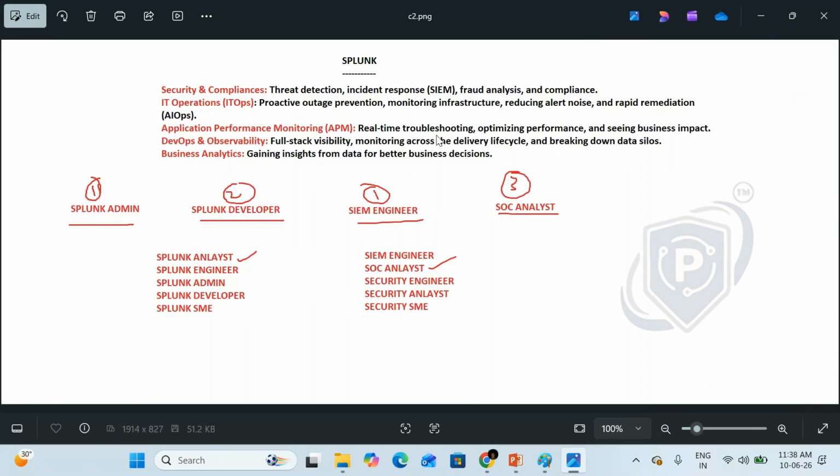But apart from these tools, what are the other tools? Multiple tools are there. Like I already told you: IBM QRadar, ELK Stack, Sentinel, Datadog, Nagios, Graylog, SolarWinds, McAfee, RSA Envision, Dynatrace, AppDynamics, LogDNA, HP ArcSight. Like 20 plus tools are there.